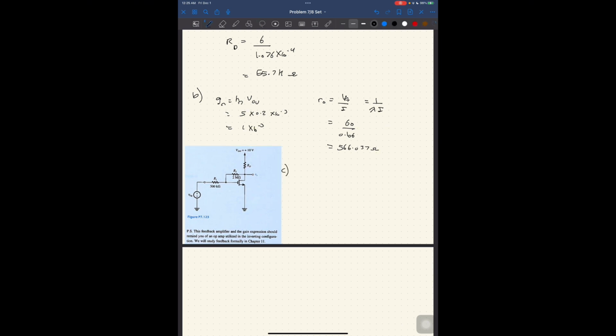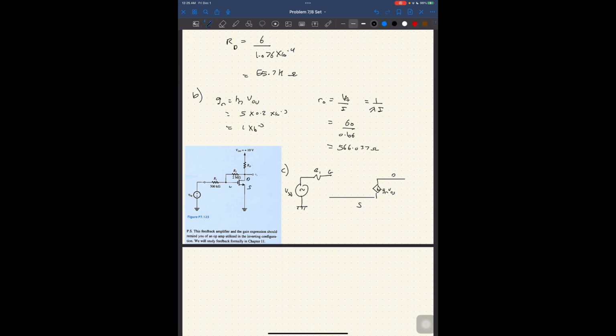And so I see that this is nothing but V sig, and we have R1, this is my G, this is my S, this is my D, this is my gm VGS, and drain to source, and this is my V out.